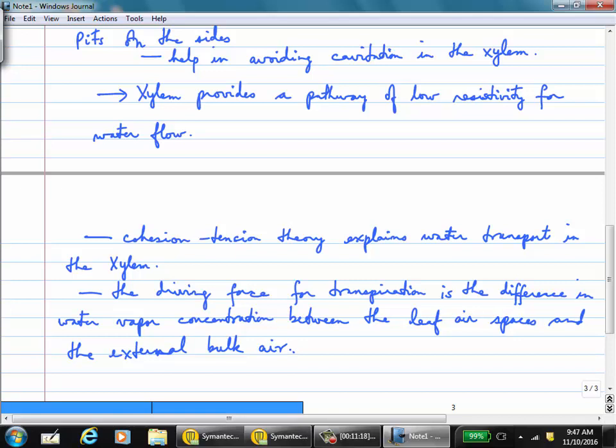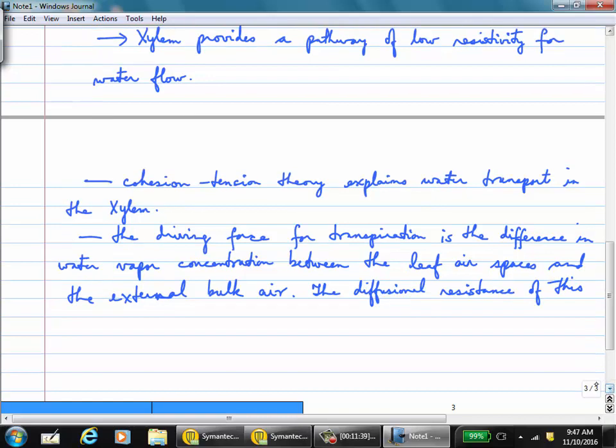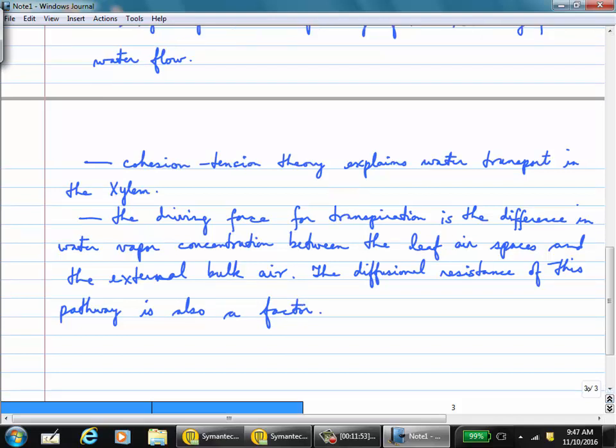And the diffusional resistance of this pathway is also a factor in deciding how much transpiration takes place. Now, the leaves have openings in them that are called stomata, that can open or close to allow either more water to come out, or less water.